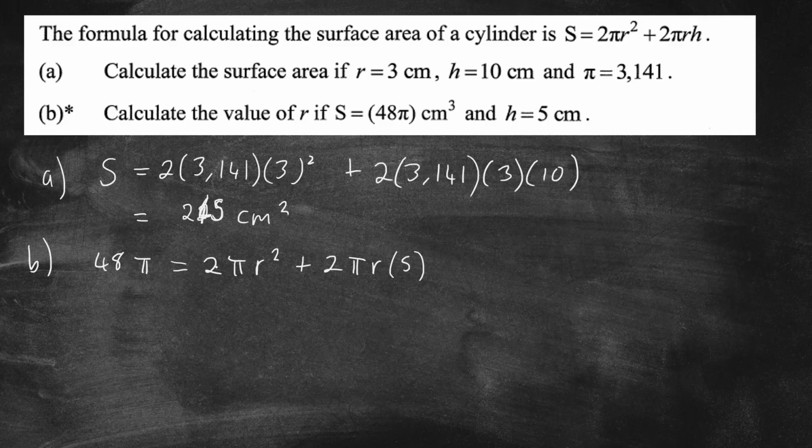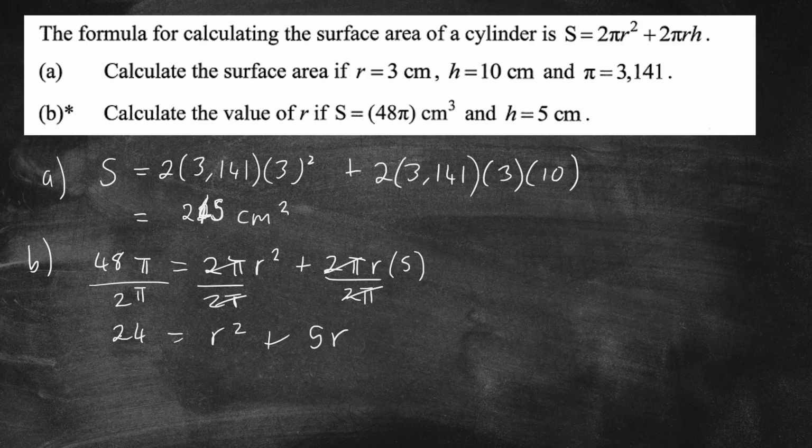So if I divide each term by 2 pi, that would immediately eliminate the pi, which simplifies things significantly. So what we'd have left is 24 on this side, and then that cancels, so we're just left with the r squared plus 5r.